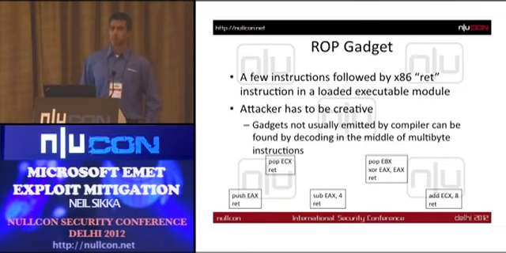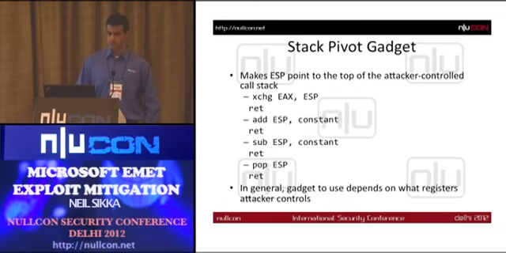They can do this by searching partway through multi-byte instructions, so if they decode the instruction differently, they can get different behavior. Examples of stack pivot gadgets are pop ESP, like I said earlier, or xchg EAX, ESP. In general, the stack pivot gadget to be used is very heavily dependent on the vulnerability, because it depends on which register the attacker controls.